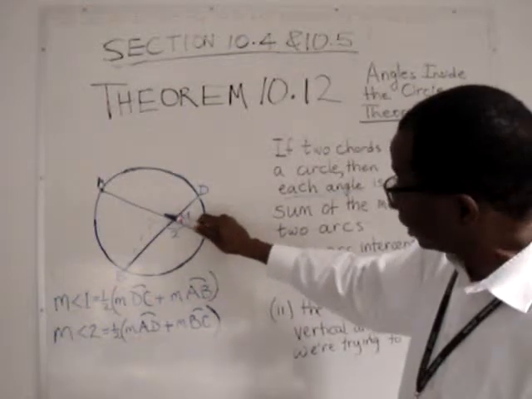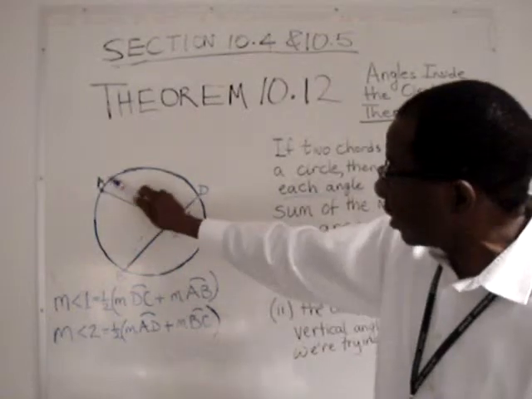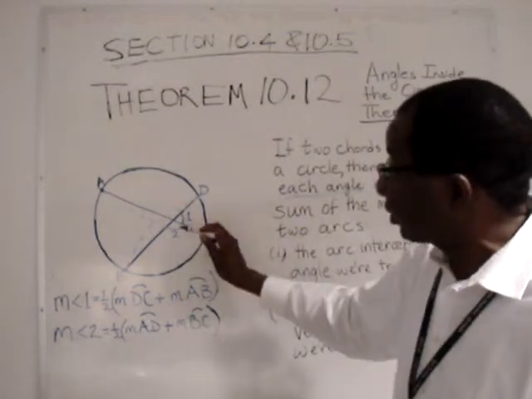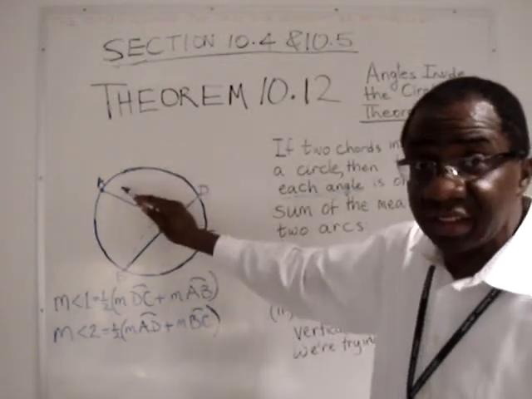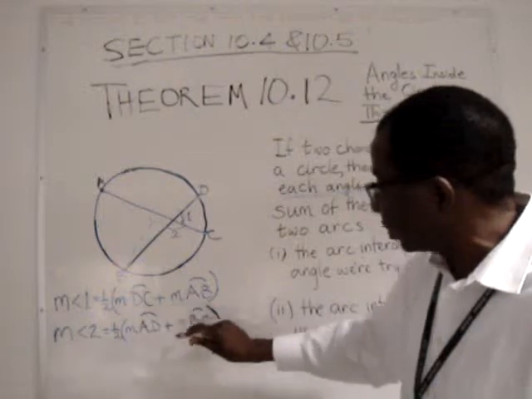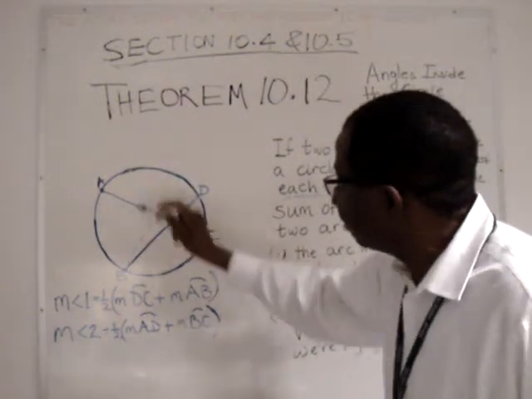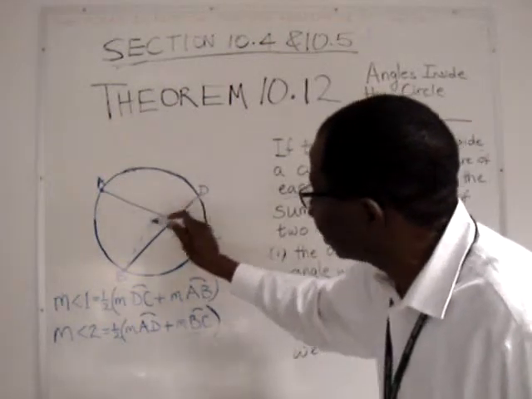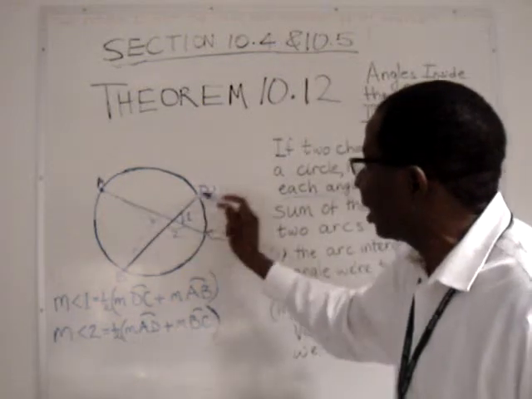And the vertically opposite angle to it is this, and it intercepts arc AD. So those are the two arcs relevant in the case of angle 2. The two arcs are BC and AD, and now you find their measures. To find the measure of AD, it goes back to the center of the circle, from A and from D.